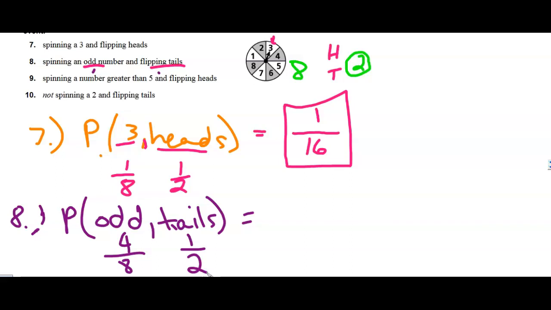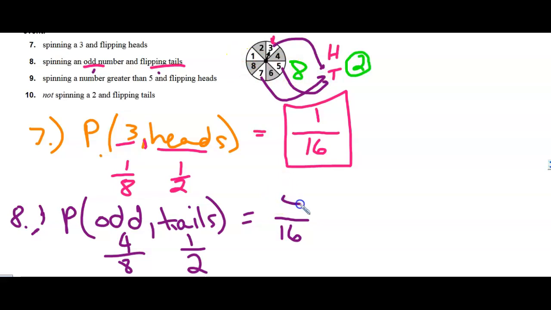But together, combined, what would our probability be? There's still only 16 possible combinations with this spinner and the coin. We could spin 3 and get a tails, 5 and get a tails, 7 and get a tails, or 1 and get a tails.